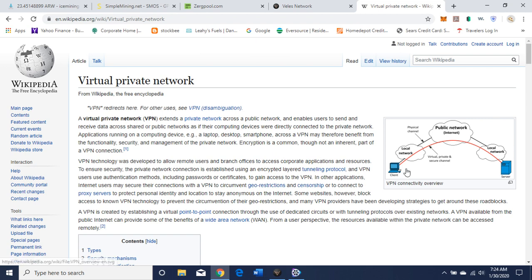So you can see here the physical channel, local network, public network, internet, local network to the server. A virtual private network skips over the public and goes right to the server. So you're going right to the server. There's no middle person, and it's highly secure.